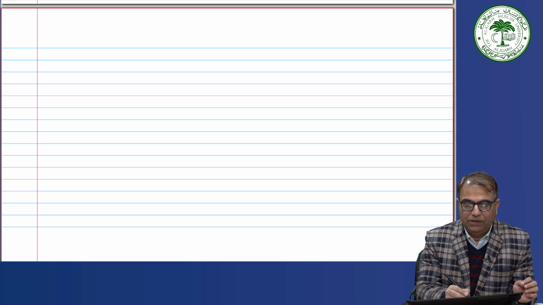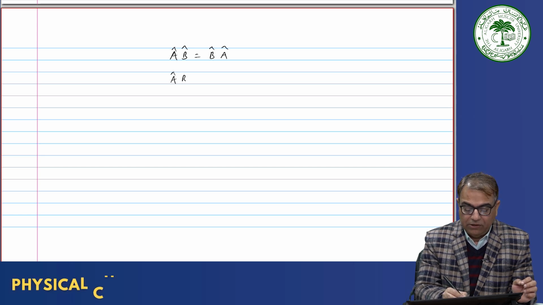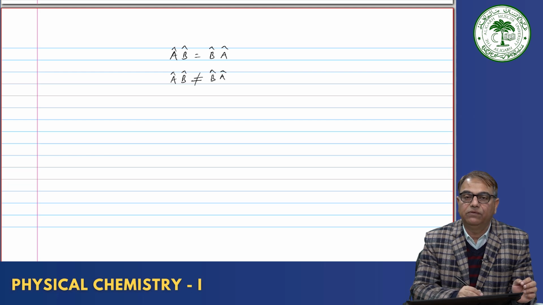I told you that for two operators A and B, if AB is equal to BA, we say they commute with each other, and if it does not give the same value, then we say they do not commute with each other.